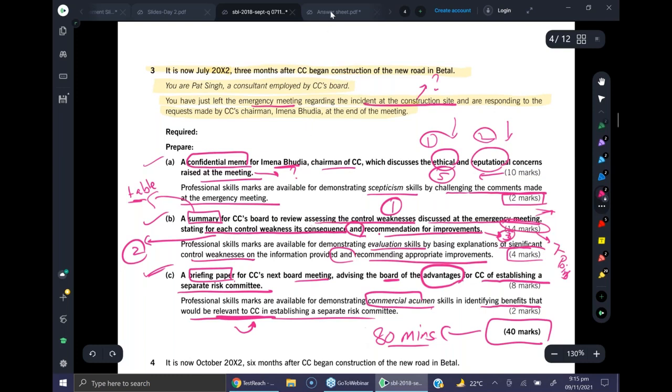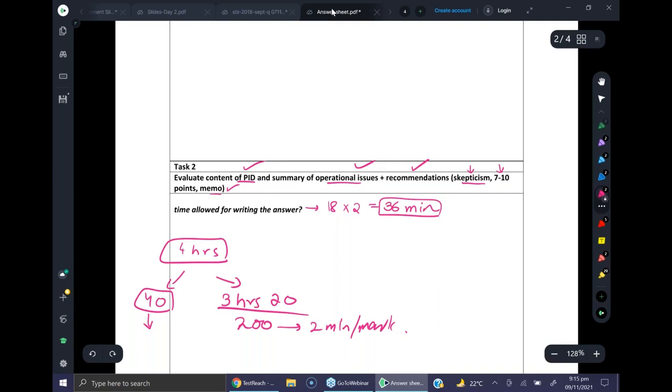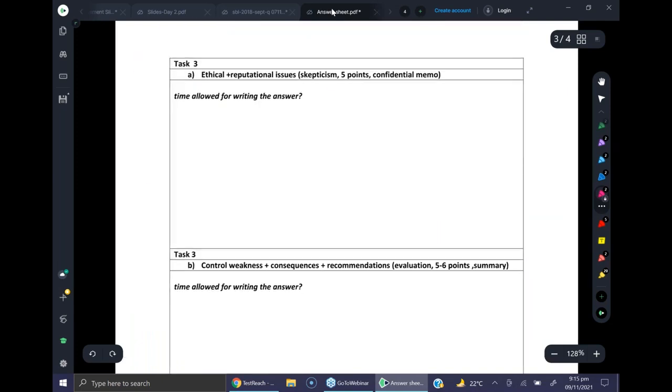So just to make a quick summary, if I have to remember my requirements. A requirement of task 3 wants ethical and reputational issues, skepticism scale, 5 points, confidential memo. You can define the total time for requirement 3 in total as well, or part wise. It's totally up to you how you prefer.